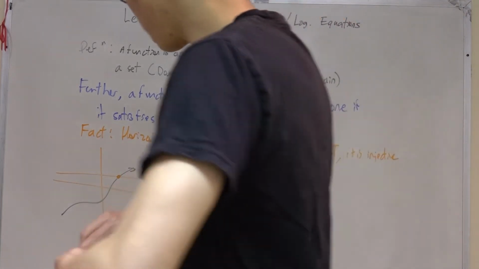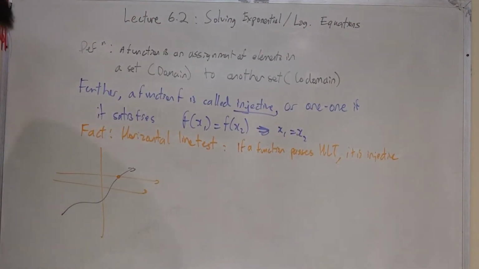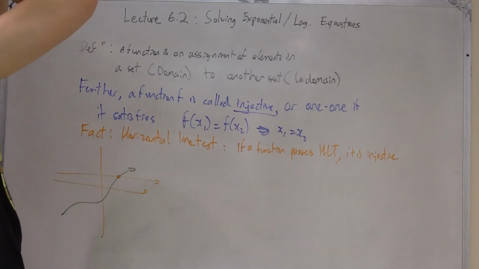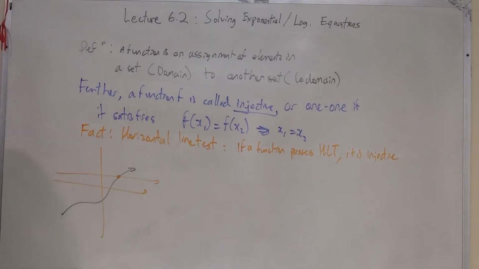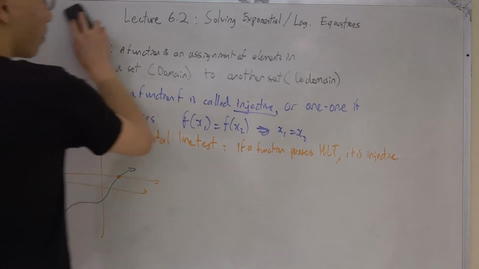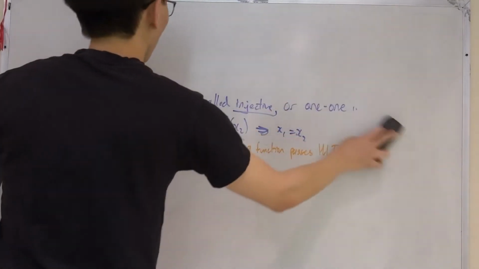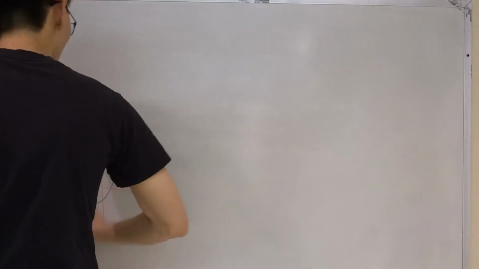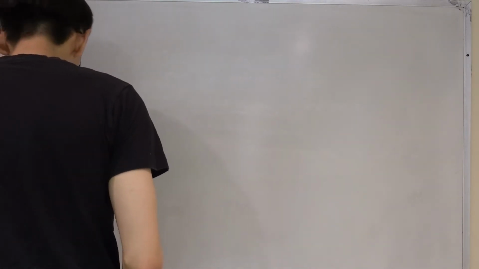And perhaps now we can begin to qualitatively look at the functions of interest in this lecture, which are exponential and logarithmic equations. And we are going to determine whether or not they are injective or not. So here we go. I want you to draw for me a generic exponential graph. And by generic, I mean like really, really general.